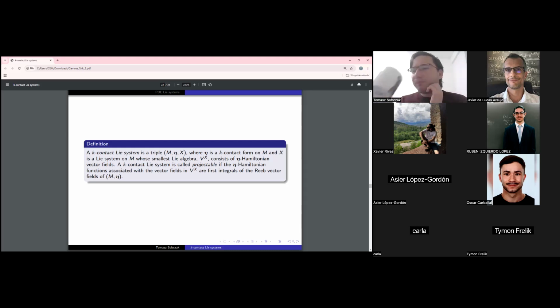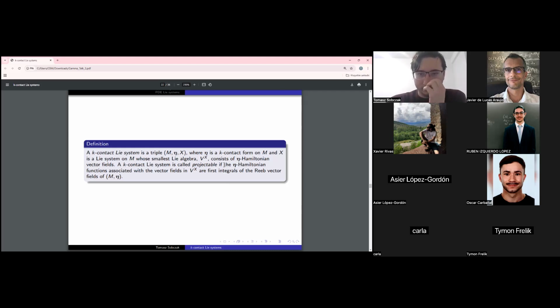When the system is a contact Lie system, this works perfectly. You can go to a symplectic one and so on. When it's projectable, your K-contact Lie system projects onto a K-symplectic system in a manifold of lower dimension. So you can study that, and the K-contact Lie system is an extension, which can be described by means of a reconstruction problem. So you can go down when it's projectable, and under certain conditions you can go up to a K-symplectic system. But these are constructions that work only sometimes.